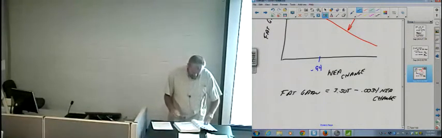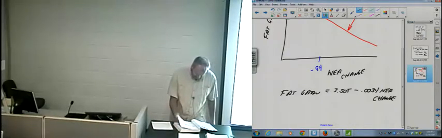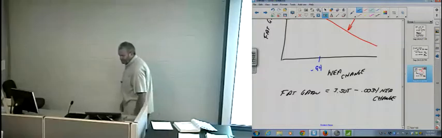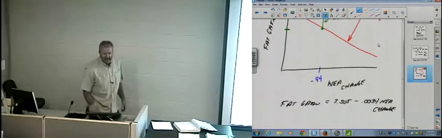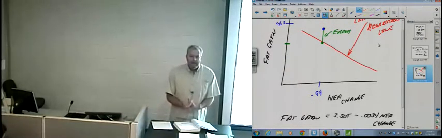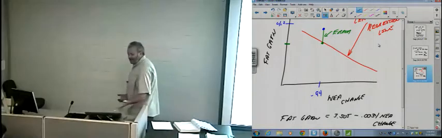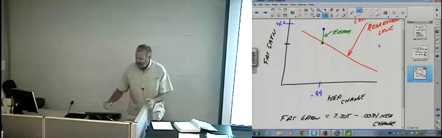Is that close? Okay? So if I want to find this value that the line is predicting for me, I need to plug minus 94 into the equation for this least squares regression line.